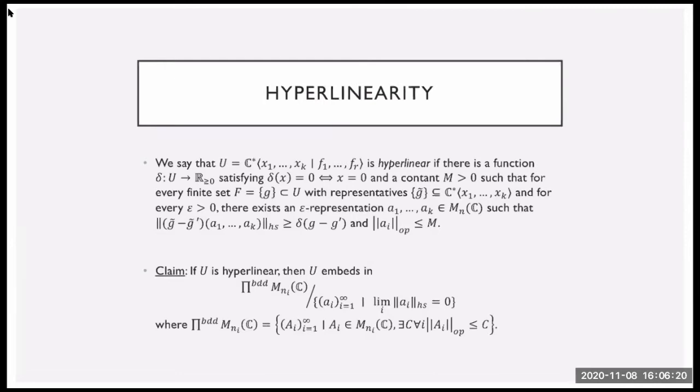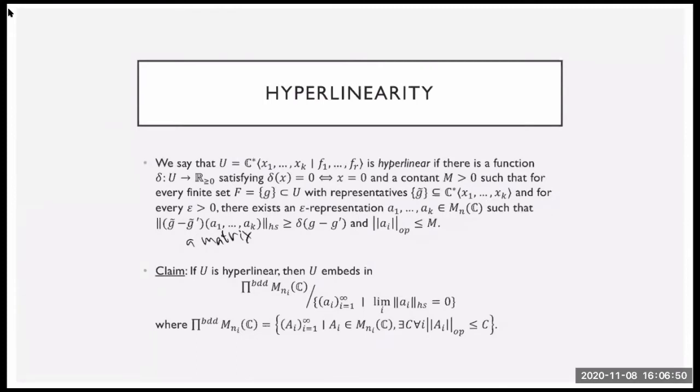So if we have these two things, and for every epsilon greater than 0, there exists an epsilon representation, A1 up to AK, such that if you take the difference between G tilde and G tilde prime, this is a polynomial, so you just need to put in the elements A1 up to AK. These are matrices, so we have a polynomial of matrices. So this is some matrix.